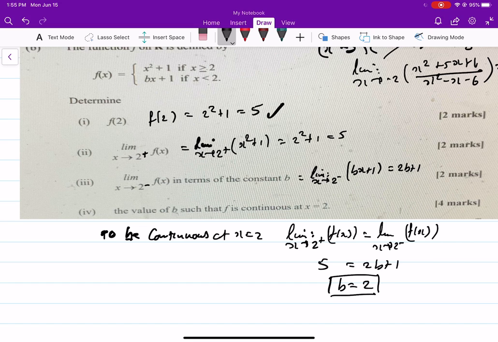The limit is approaching 5 from the left, and it's approaching 5 from the right. And therefore the limit does exist and is equal to 5. Well, the only thing they ask for there is the value of b, so that the function is continuous at x equal to 2. But we found it. It's right there.